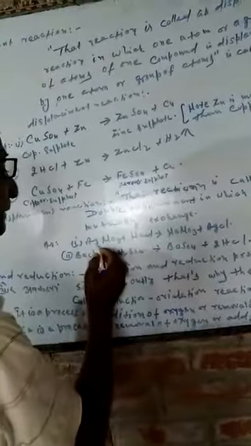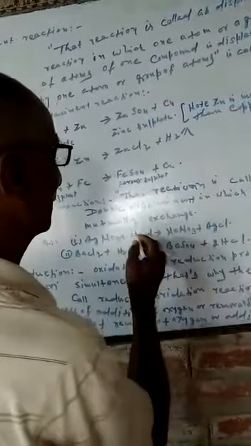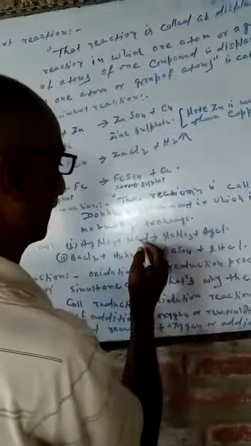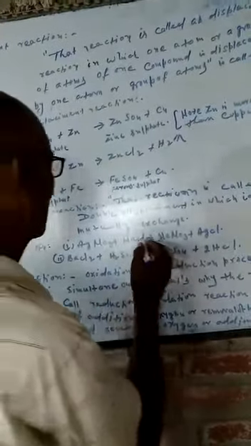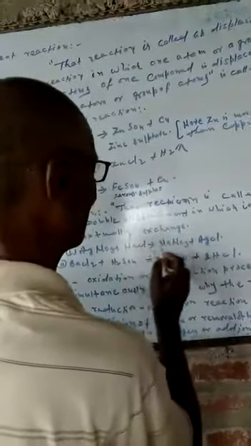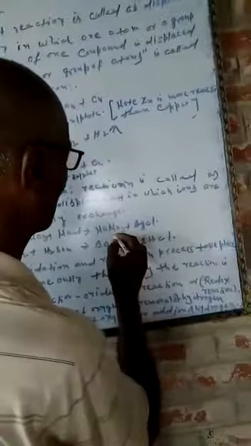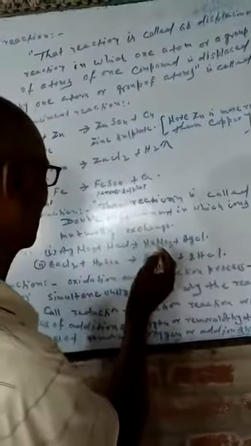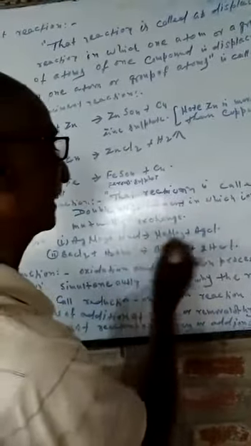AgNO3 means silver nitrate plus NaCl, sodium chloride. Then both react with each other and form new substances, NaNO3, sodium nitrate, and AgCl, silver chloride.